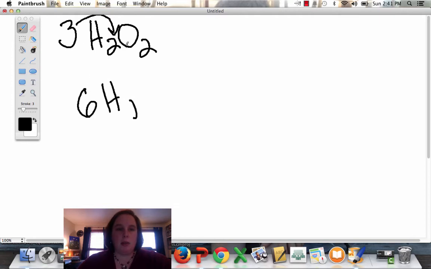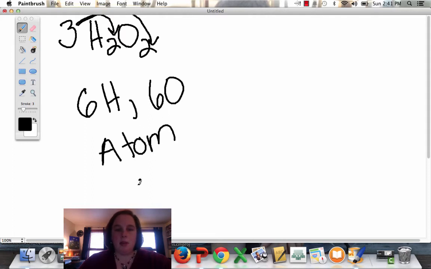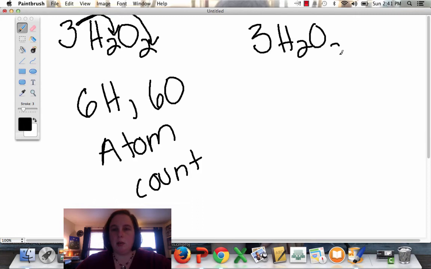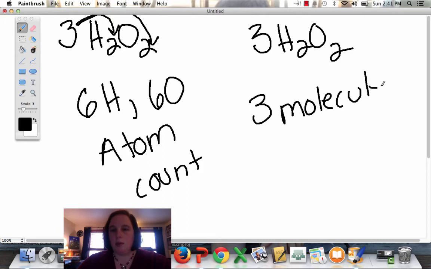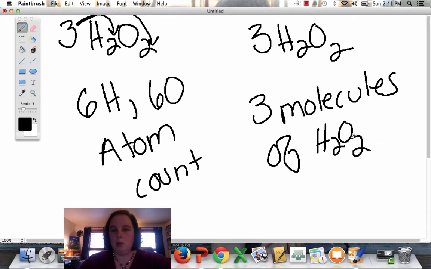And 3 times 2 is 6 oxygen. Okay? So these are, remember, your atom counts. Now remember, we also said we have molecules here to worry about, so this is our original 3H2O2. So you would read this as 3 molecules of H2O2. And it's perfectly acceptable to say the chemical formula if you didn't know that was hydrogen peroxide. Totally can say H2O2. Okay?